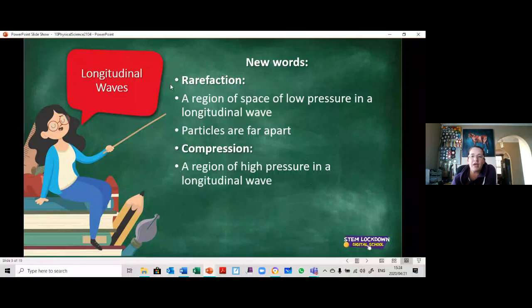So if a rarefaction is a space of low pressure, compression is a region of high pressure. Now, I find this definition easier to remember, okay? So I use the definition of compression to get to the definition of rarefaction, if that makes sense.